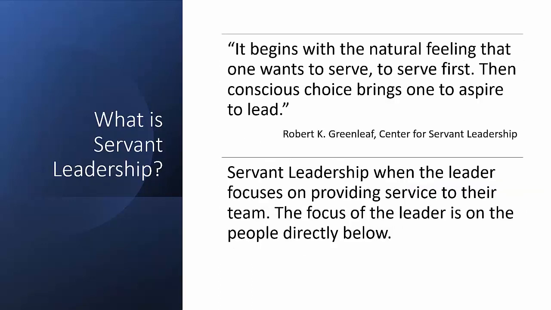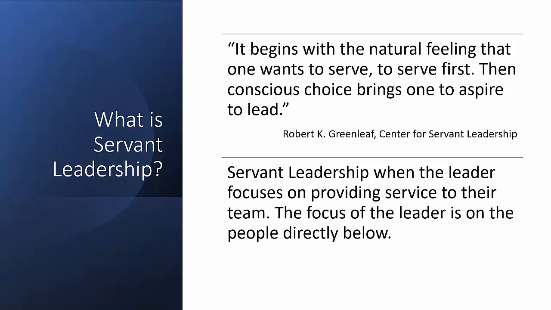First of all, servant leadership. The idea is that the leader, the team leader, is focusing on providing services to the team rather than focusing on the overall business. Their focus is making sure that the team grows, is able to do the work, has what they need, is eliminating roadblocks, is making sure that the team is able to work efficiently within the context in which they are.